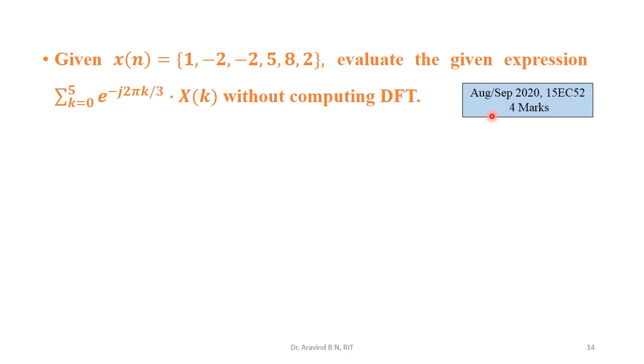So it has been asked in the most recent question paper, August September 2020, 15 EC 52 subject code, asked for 4 marks. This complete solution is the same as what we had just done. So there will be no changes in that. So therefore I am just leaving this for you to make the solution.